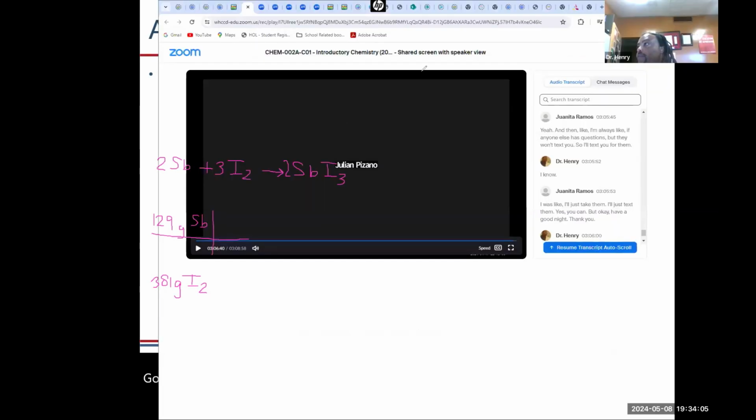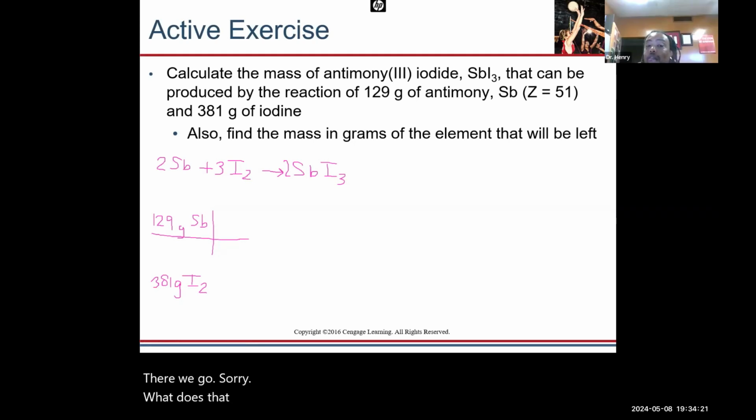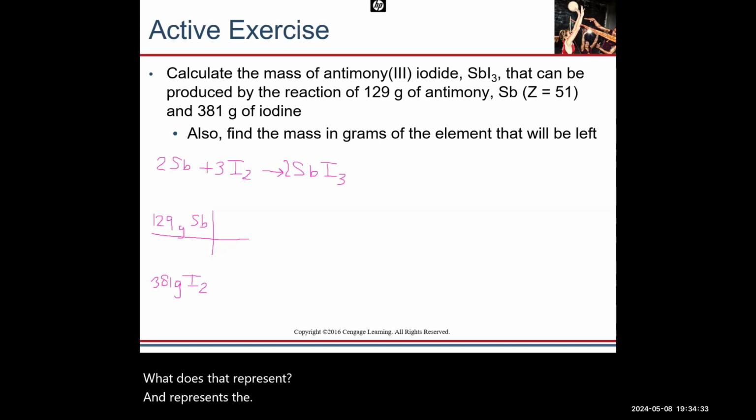Well, in the worded question, what does that 51 stand for? Can you see the 51? Oh, because I'm in the way. There's a window. There we go. Sorry. What does that Z represent?